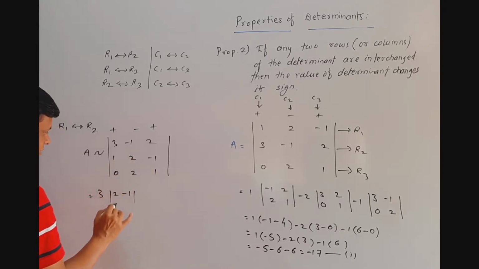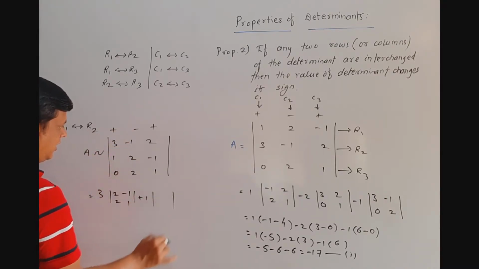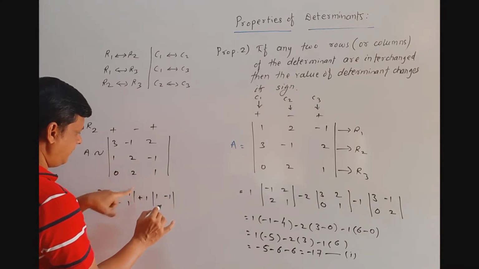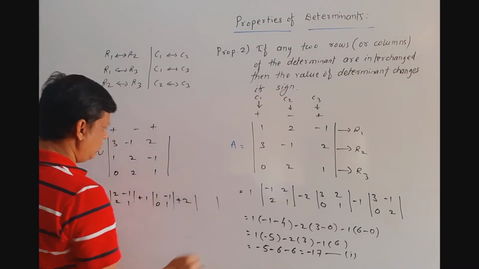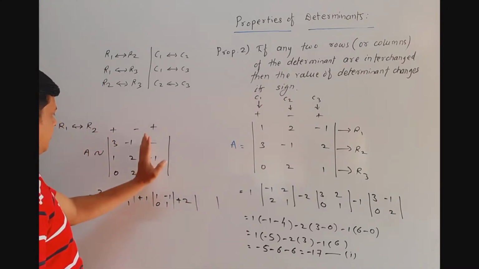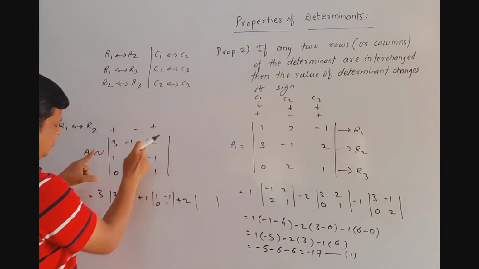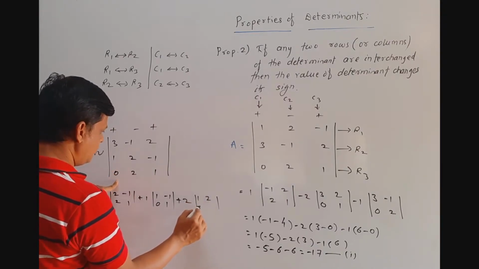So 2, minus 1, 2, 1. Then minus minus gets plus 1. In the determinant we get 1, minus 1, 0, 1, plus 2. In the determinant we skip the first row, third column. So write in determinant 1, 2, 0, 2.